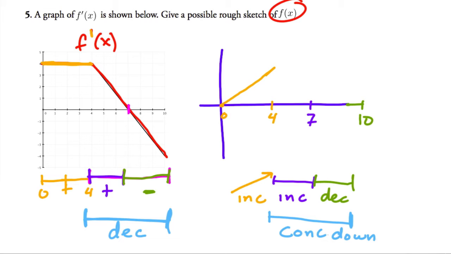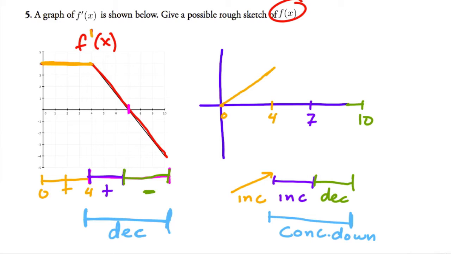Right? Because let's work through this thought process. If this one is decreasing right here, like it is, then its derivative is going to be negative. In other words, the second derivative is going to be negative.